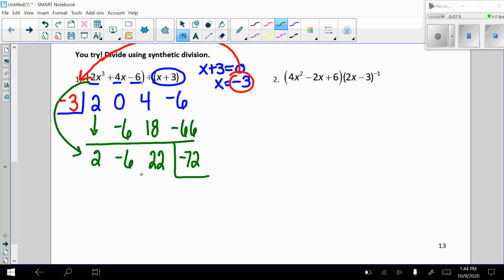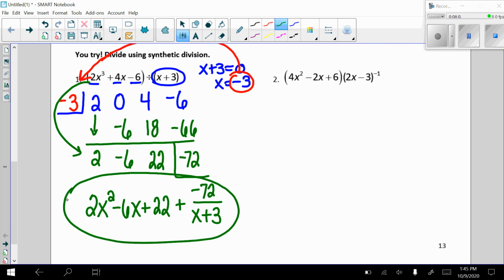This will be x squared, which is a 2nd degree polynomial. So what we get when we do this division is 2x squared minus 6x plus 22. And then remember that negative 72 is our remainder, and we put it over the divisor, which is x plus 3. That's our answer.